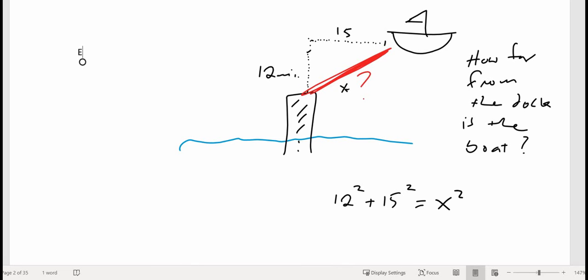Well, I'm not even going to bother finding the rest of them, because what I'm looking for is the side. That's the only variable involved. So, what do we get? 144 plus 225 equals x squared.